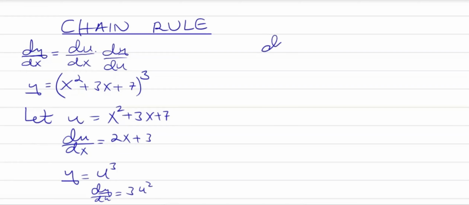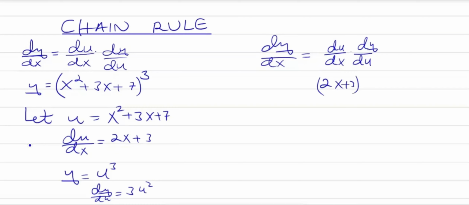So my dy over dx equals, the diagonal is u, so du there and du there, and you want your denominator to have dx and the numerator to have dy. So we know that du over dx equals 2x plus 3, and dy over du equals 3u squared.